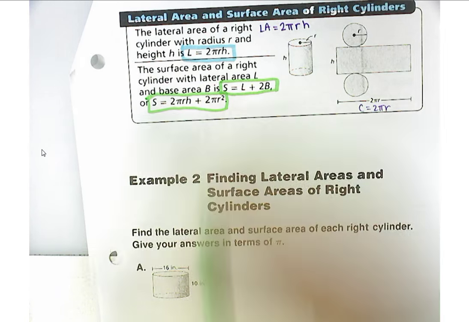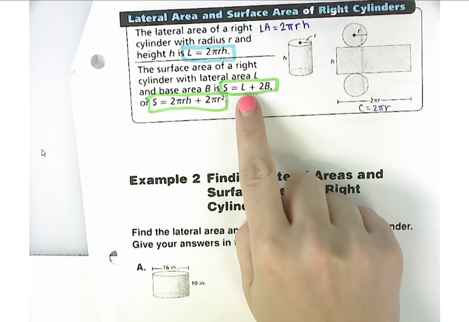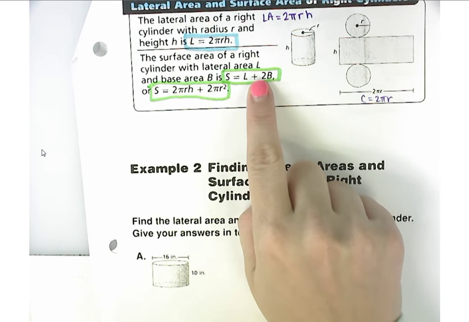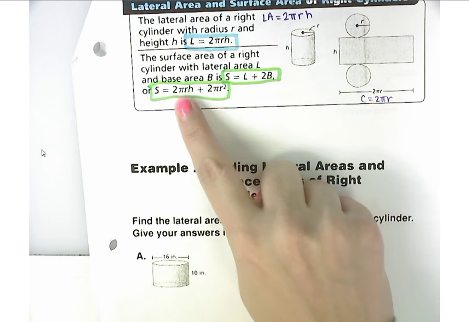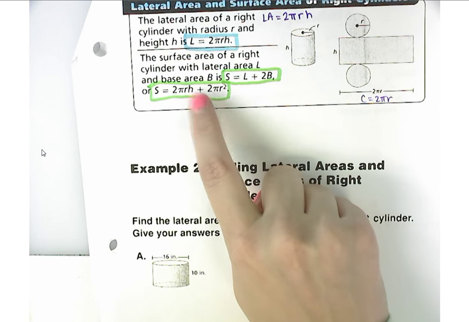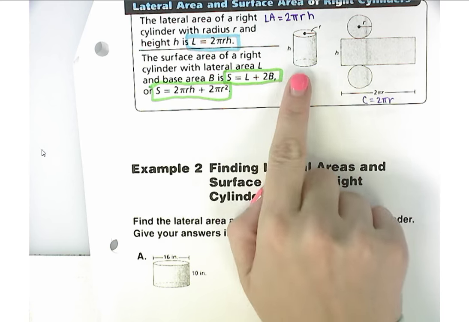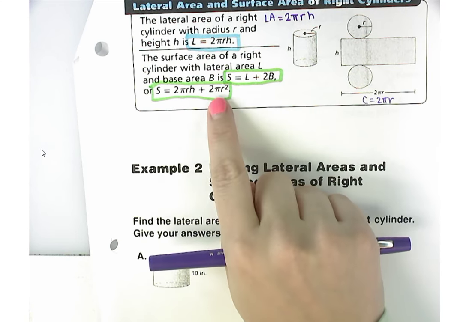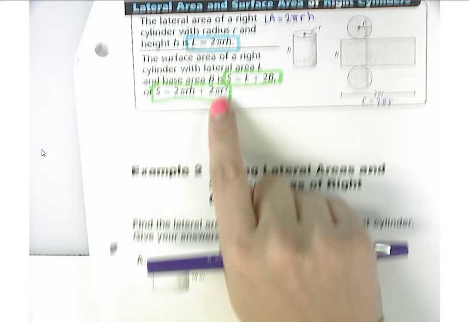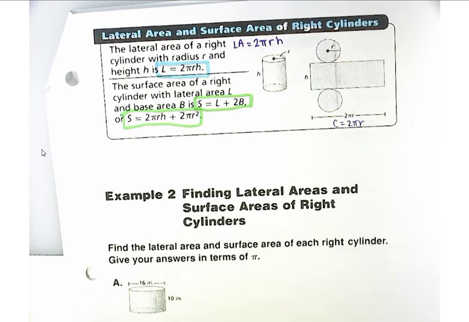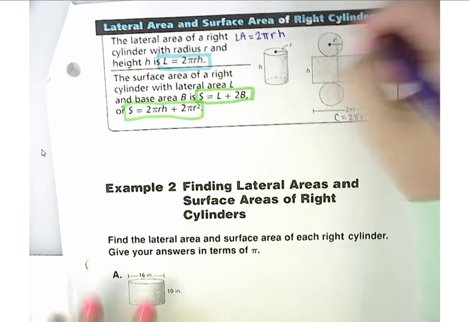Okay, so the surface area is always the lateral area plus 2 times the base. This just has it catered specifically to the surface area for a cylinder. So again, in this one, you can see the pi r squared. Remember that pi r squared is the area of a circle.